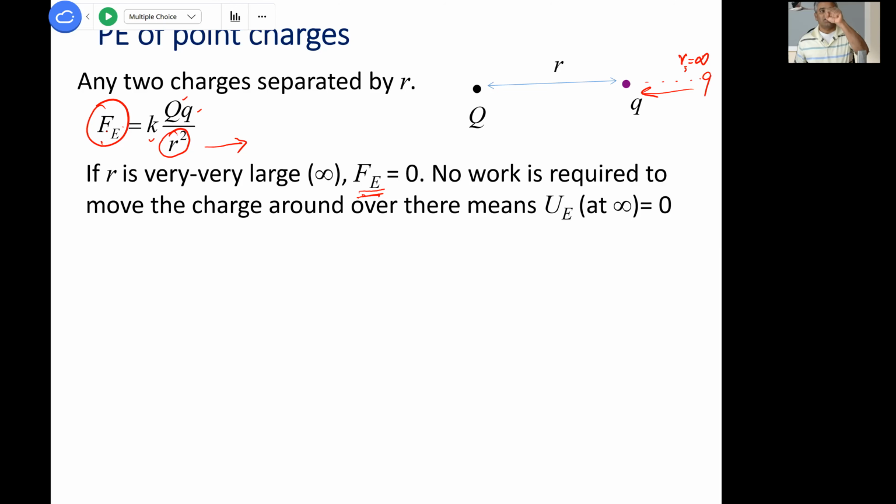So there is one charge and there is another charge. Infinite distance in this case is not actually billions of kilometers. No, it's not. As long as this test charge does not experience any force, that's the infinite distance.